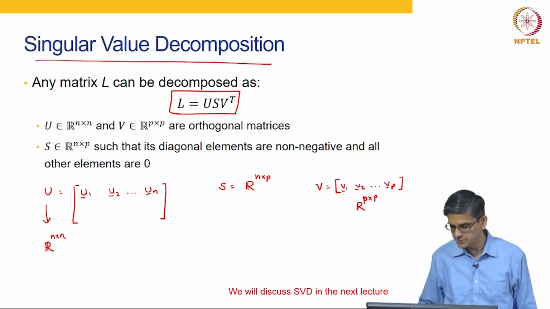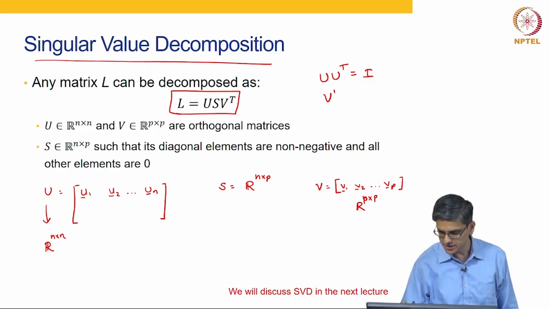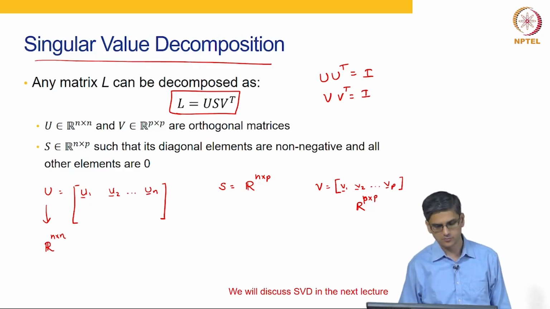What orthogonal matrices mean is basically that U transpose U equals identity, and V transpose V also equals identity.